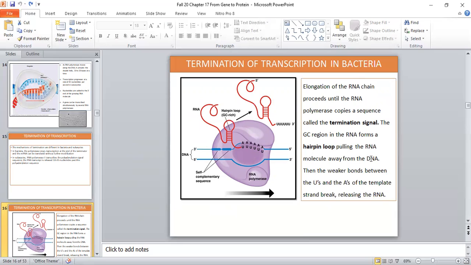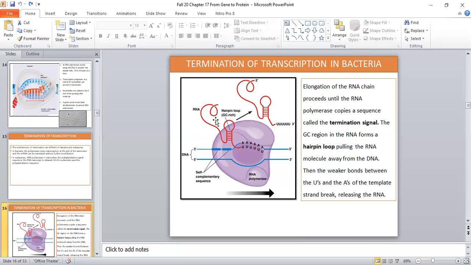Then the weaker bond between the U's and A's of the template strand breaks, releasing the RNA. So once this hairpin loop is formed, that is the termination.